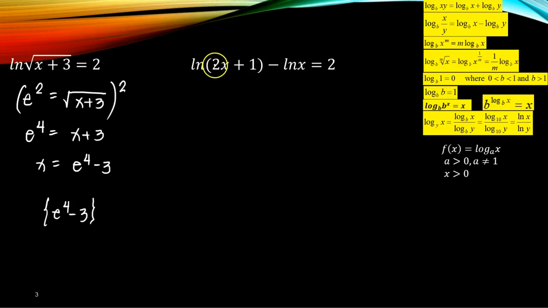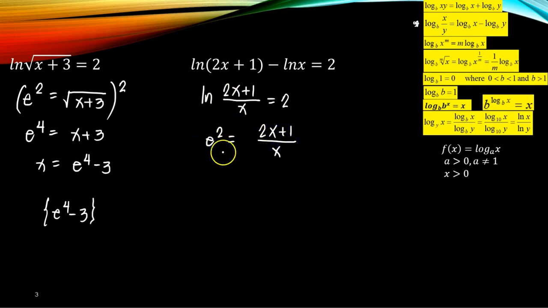Now in here, you can see there is minus. So when we apply the second rule, I can say this is simply ln of 2x plus 1 all over x is equal to 2, because that's the log of a quotient. It becomes a difference. And then let's transpose. E squared equals 2x plus 1 over x. So this is basically transformation. And then since we're solving for x, let's multiply everything by the LCD, which is simply x.